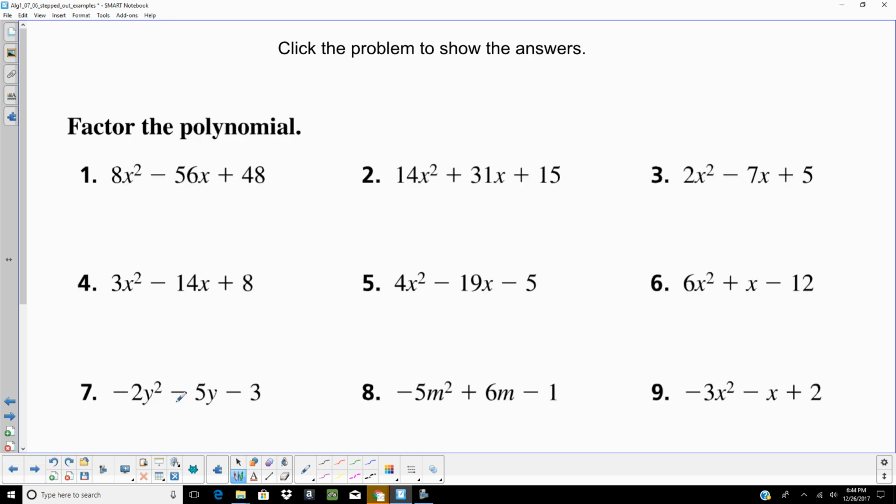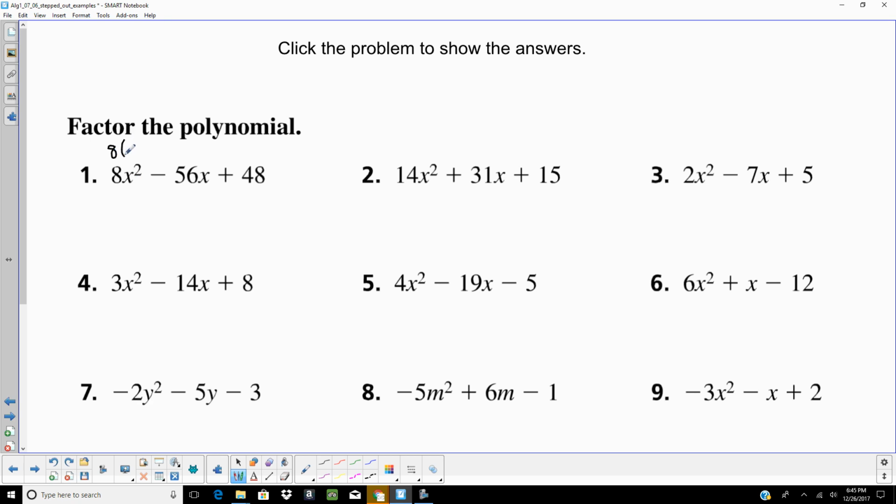All right, there are a lot to try out here. Number 1, let's get started on that one together. If you look at something and you realize it's got some huge numbers, always look for that GCF. So on that one, I factor out an 8.